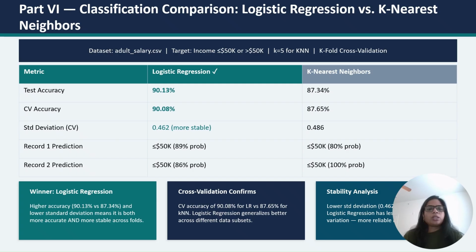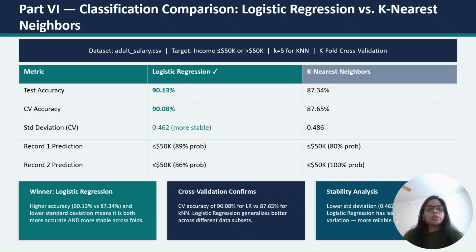Cross-validation checks how well the model performs across multiple train test splits. Logistic regression again shows higher average accuracy, meaning it is more reliable and generalizes better across different subsets of data. When it comes to the standard deviation, logistic regression has a standard deviation of 0.462, whereas k nearest neighbors has 0.486.